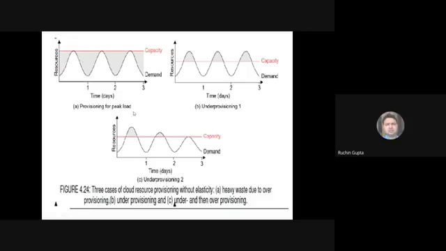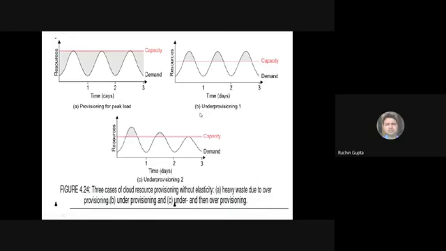Figure A shows the resource provisioning, which is not a good utilization of the resources available in the cloud.